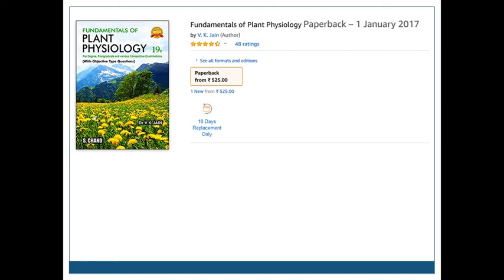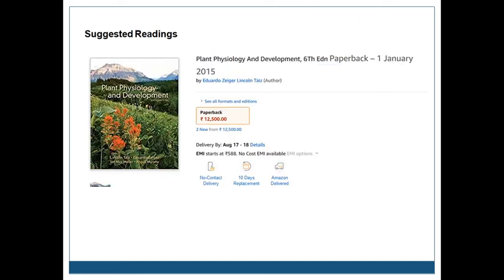For your personal use, you can also follow this book. It provides you lucid information from various standard books. Fundamentals of Plant Physiology by V.K. Jain, you can purchase this book. You can follow it for undergraduate and postgraduate and other competitive exams. But for better understanding, Taiz and Zeiger, which I mentioned, this book is best.